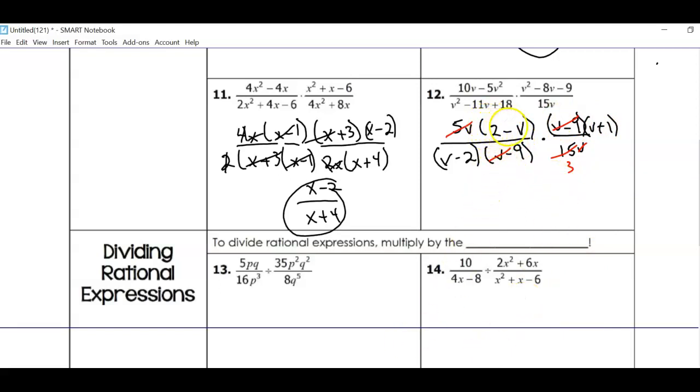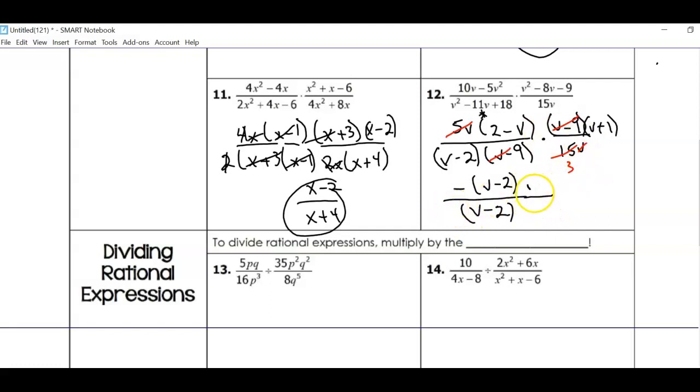Okay, but remember right here, remember I can reverse this by taking out and factoring out a negative. So if I factor out a negative, I end up with negative v minus 2. And I have a v minus 2 there, and this times a 3, because I'm just going to multiply across.